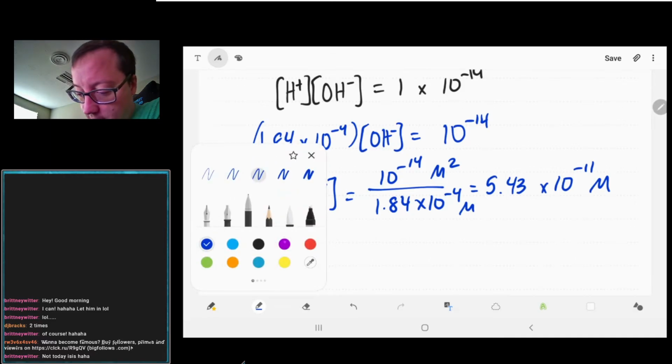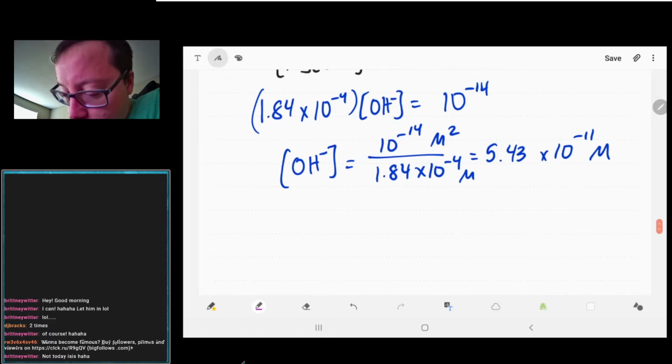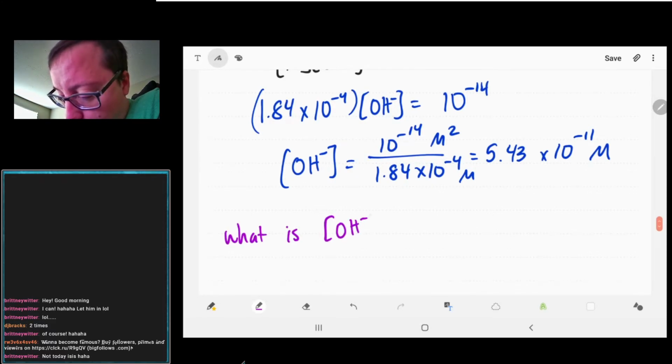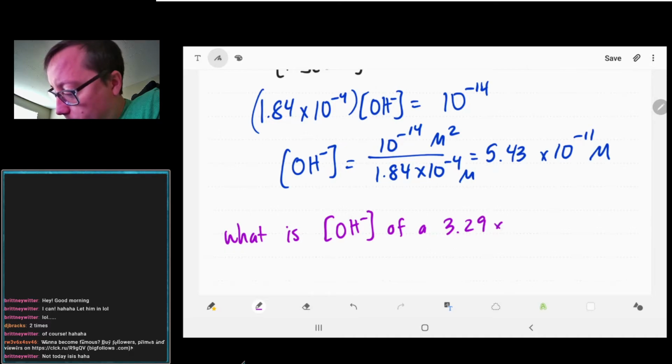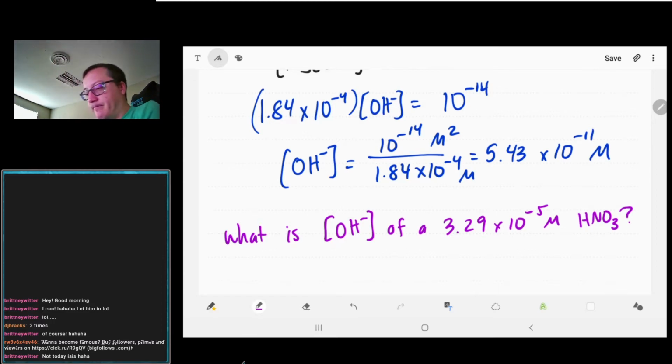So let's see this again. Let's make it to negative 5 instead. Let's get rid of this, make it a little bit more grammatic.